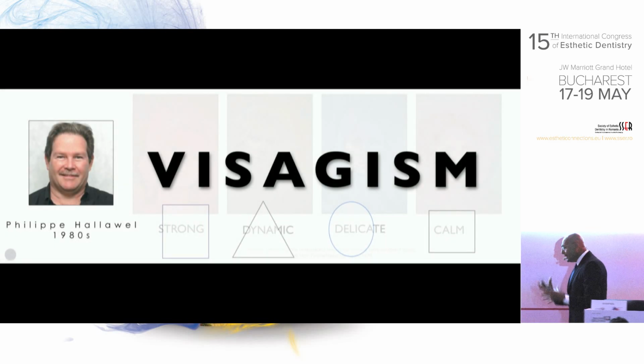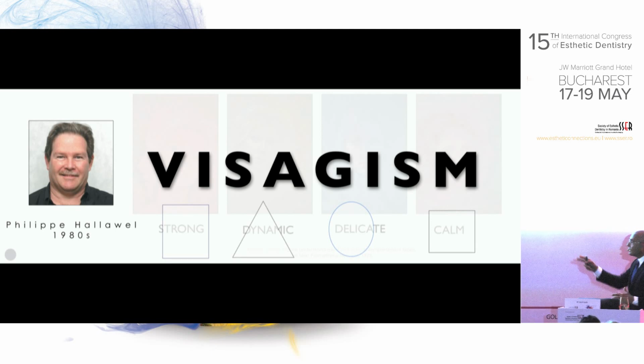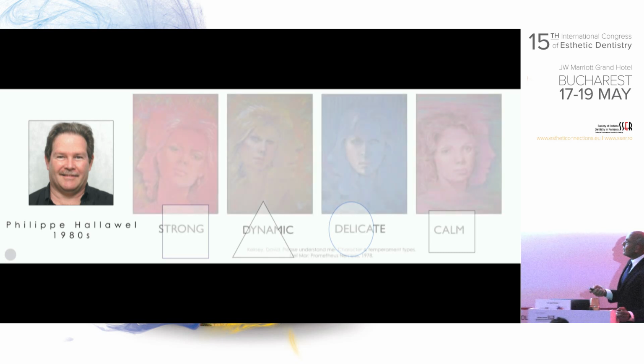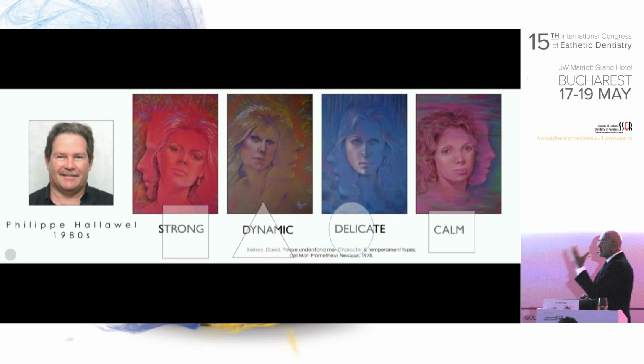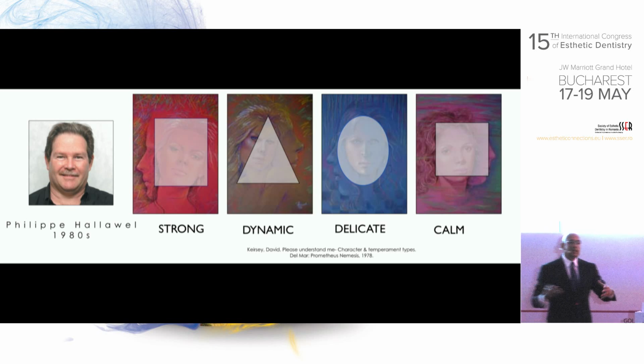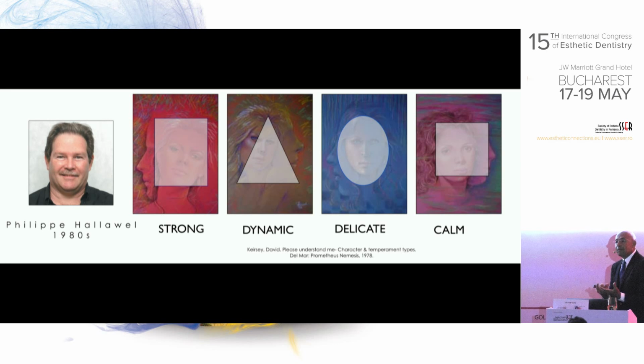And then when we moved into our main topic, we saw that an artist called Philip Hallowell was the first one who defined this visagism concept and applied these figures into his art pieces. He started drawing portraits, and by using square, triangular, rounded, or rectangular faces, he tried to find out if they represent the perception of understanding the facial reading.